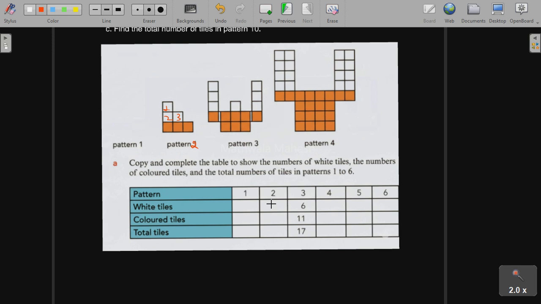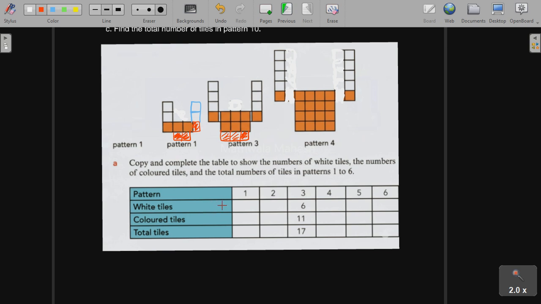So sorry for the inconvenience. So the previous diagram was not correct. So I have corrected this one. Okay, so we can see the pattern.